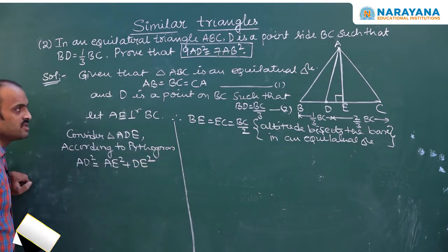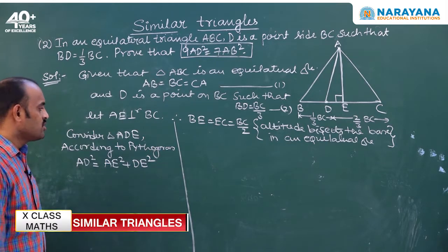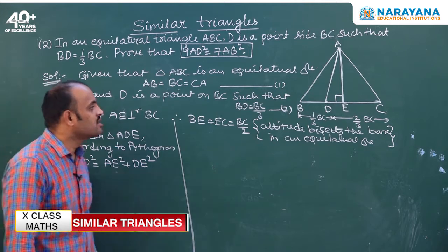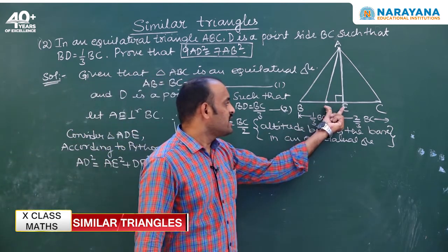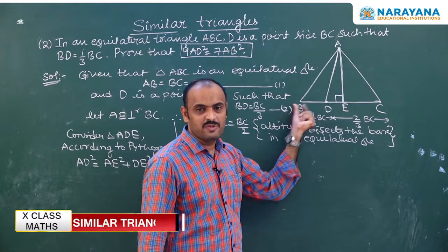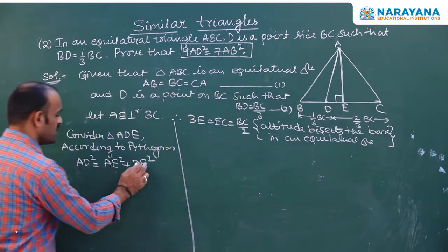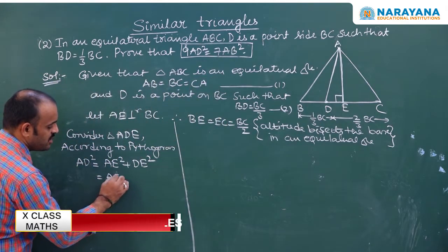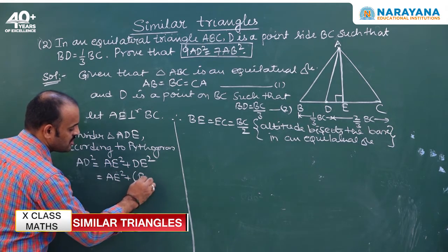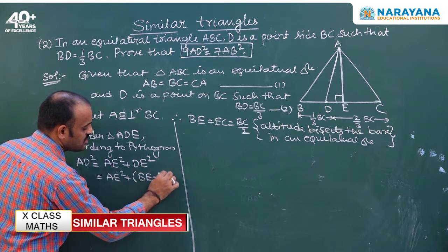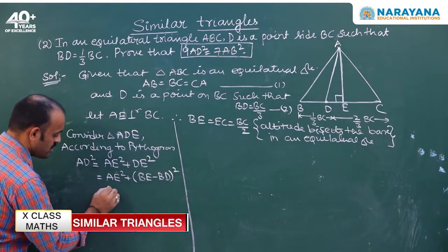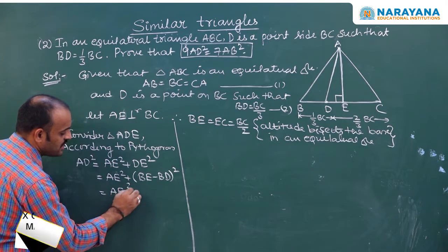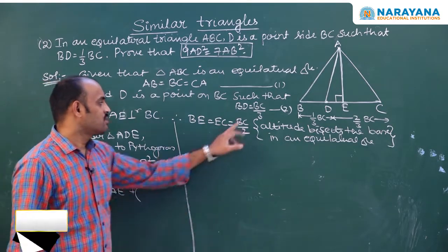I don't know the length of DE, but DE is nothing but BE minus BD. And we know the BE length. What is BE length? BC by 2.